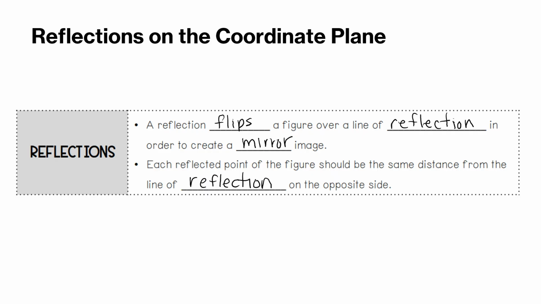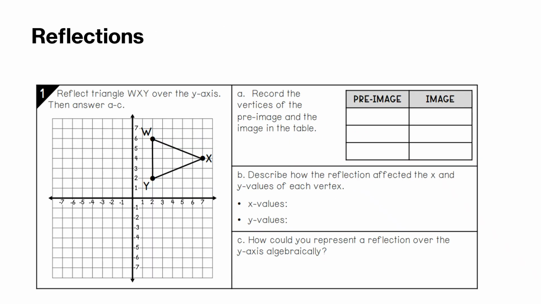All right, so let's look at the first example. This one says reflect the triangle WXY over the y-axis, and then we'll answer the questions. So let's record the coordinates of the pre-image first. So W is 2, 6.